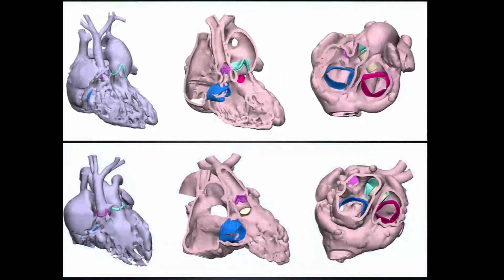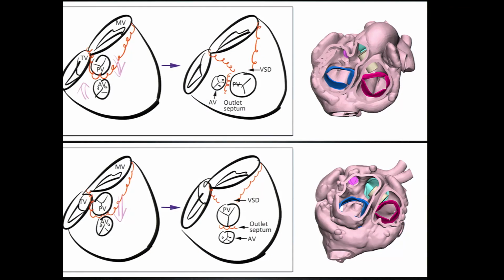Comparing these, these are two different types of Taussig-Bing. In Taussig-Bing malformation, the outlet morphology is not uniform, as you see in the pathology literature. Here is the flap door mechanism. This is the en bloc displacement mechanism. So these are the differences.